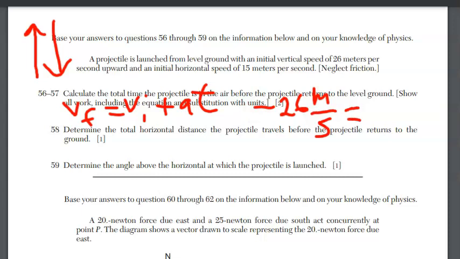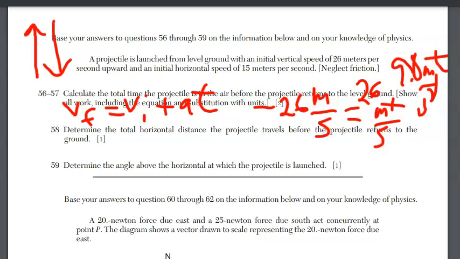Then I have 26 meters per second positive plus 9.8 meters per second squared times t. I'm running out of room here. But that whole substitution is what you have to have. If you're missing something, you're not going to get full credit. And then, of course, from here, you're going to go ahead and calculate your answer.